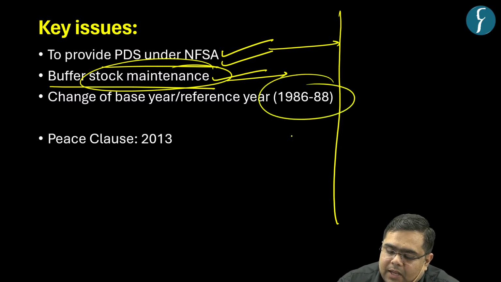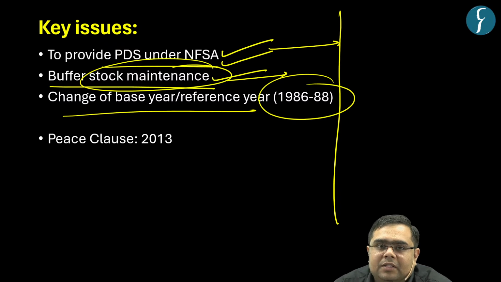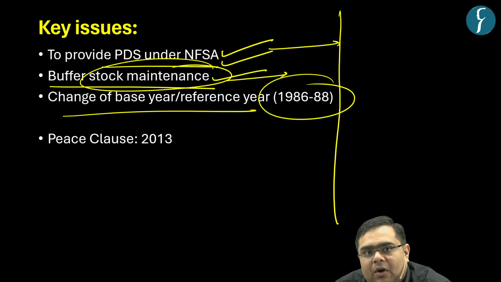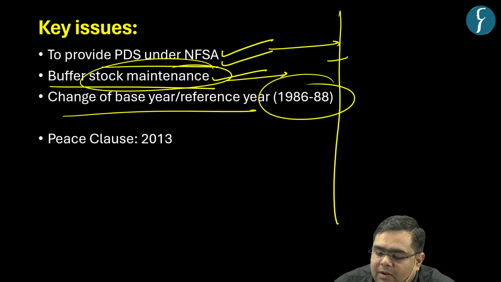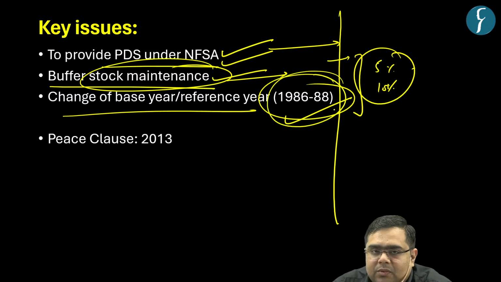Then again, another issue is with respect to base year, change of base year. See, subsidy can be given as a certain percentage of our economy. So developed countries had established 5% and 10% as subsidies, but the base year was 1986 to 88.